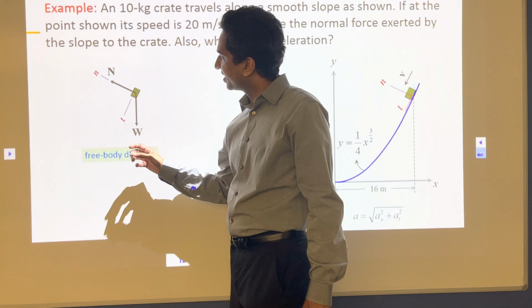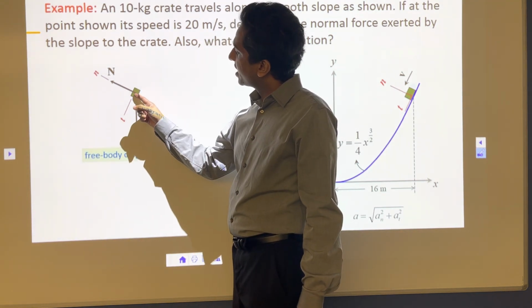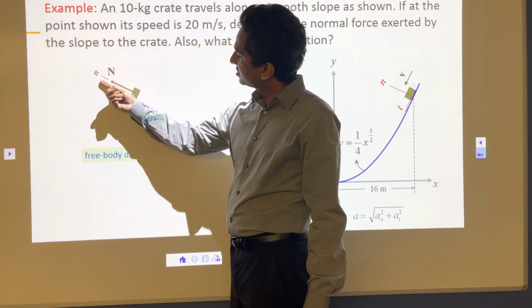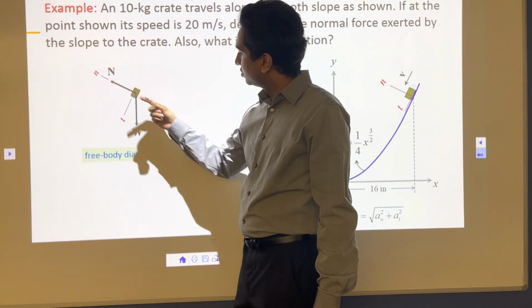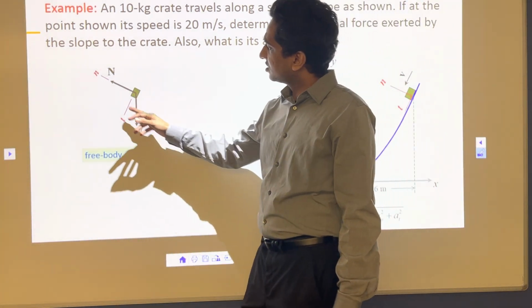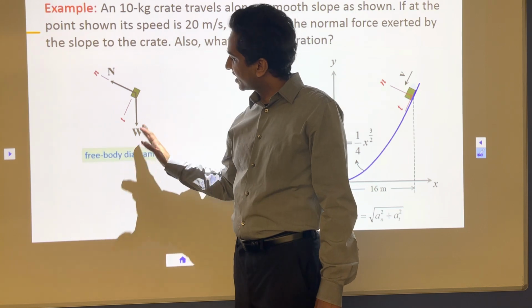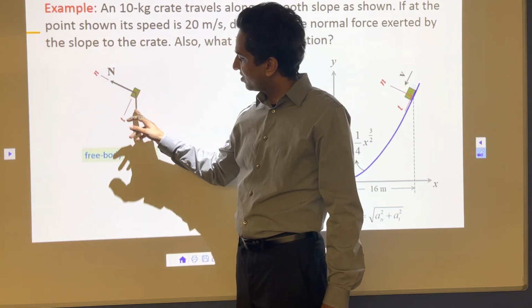This one is my free body diagram: the weight acting downward and the normal reaction, which is perpendicular to the surface. These are the two forces acting on it, normal and weight, and there is no other force.